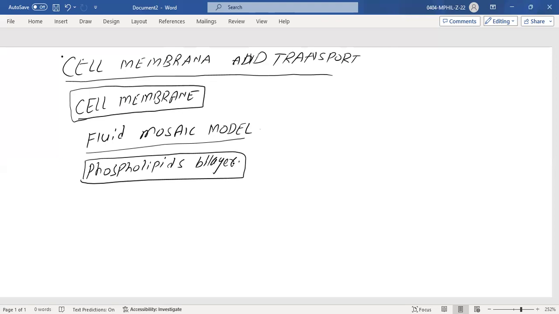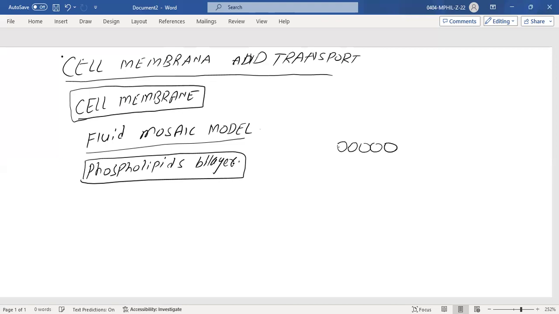and two fatty acid tails remain. So we have studied the structure of the phospholipids. It is a basic structure, and we know that it is always arranged in a shape like this.